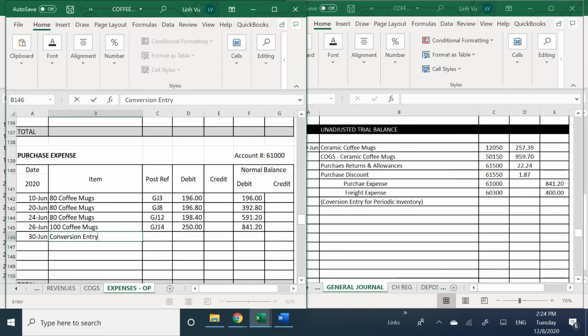This time we're in the credit column. 41.20. 4, 8, 40, 20. So therefore, it's pulling down your formula. Equals this plus this minus this. It's going to give you 0.